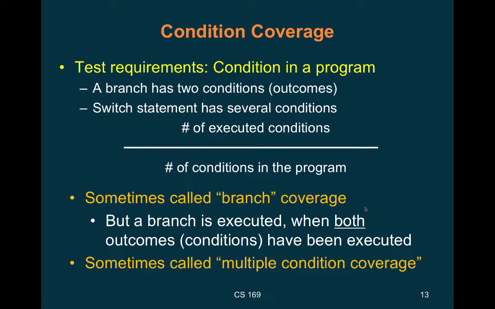But keep in mind that a branch typically has two conditions, two outcomes. A switch statement has several conditions, and what you're computing is the number of executed conditions divided by the number of conditions in the program.